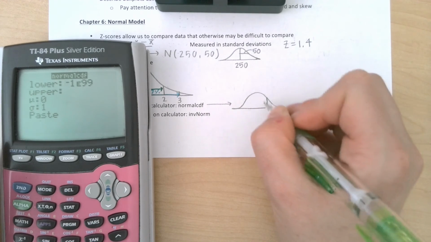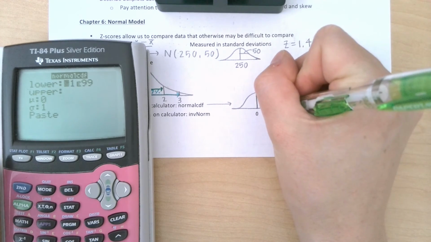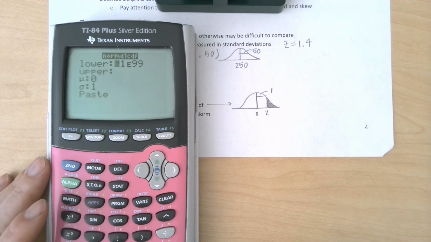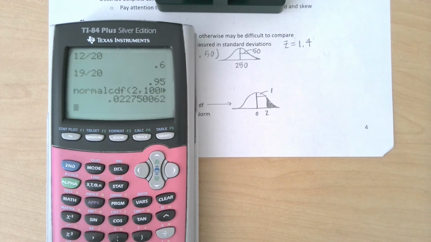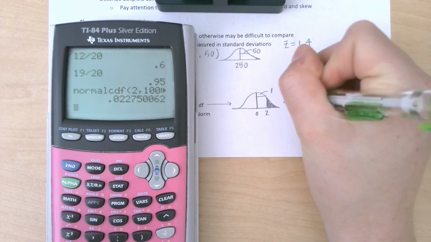Let's say I'm using 0 and 1. I want to start at 2 and go to the right. So my lower bound in this case would be 2, upper bound is 100 or 1,000, something large. And this gives me the area of 0.0228.